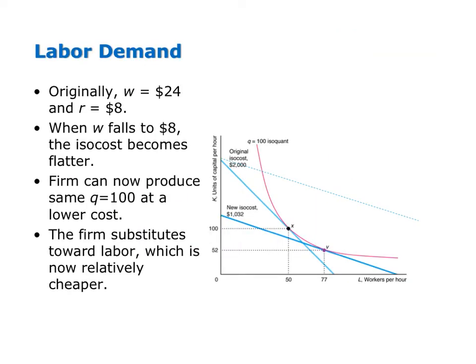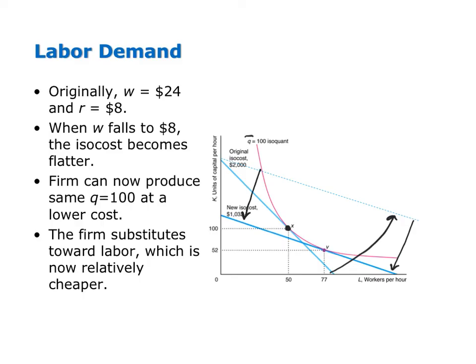This is summarized by my slide, where first we see the firm using input bundle X, then the wage rate falls, swinging the isocost line out, but because the firm is still going to keep output constant at 100 units, and the wage rate is lower, the firm is going to be able to spend less money to produce the same amount of output.